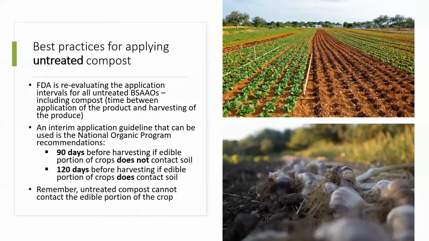They state 90 days before harvesting if the edible portion of the crop does not contact the soil, and 120 days before harvesting if the edible portion of the crop does contact soil. And so the edible portion is from bloom until harvest. Next slide.